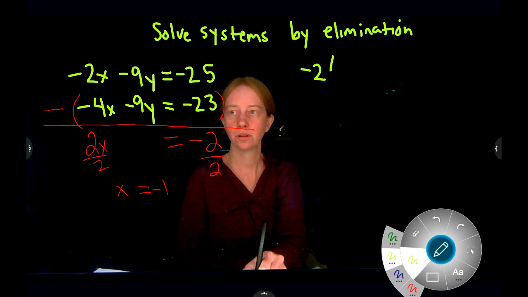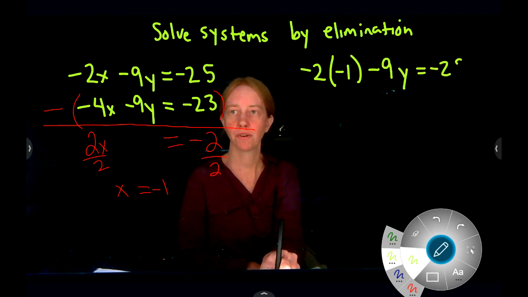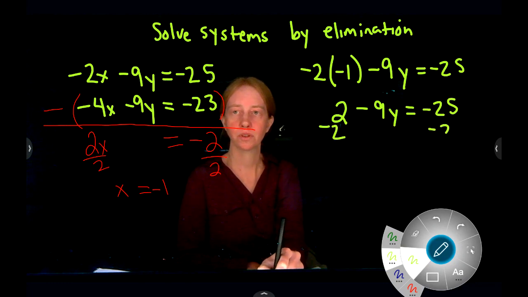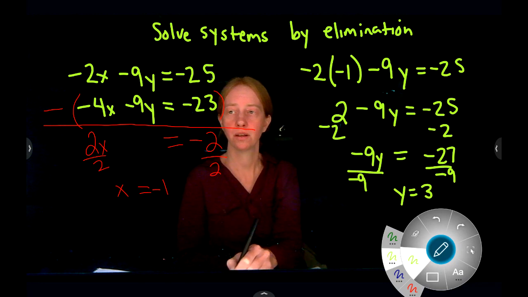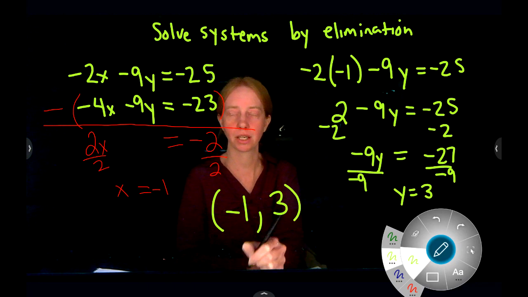So -2 times -1, that's my x that I'm substituting, -9y equals -25. -2 times -1 is +2. So 2 minus 9y equals -25. Let's subtract 2 from both sides. So this is -27 equals -9y, and divide by -9. So y equals +3. So I have an xy point of -1, comma, +3.